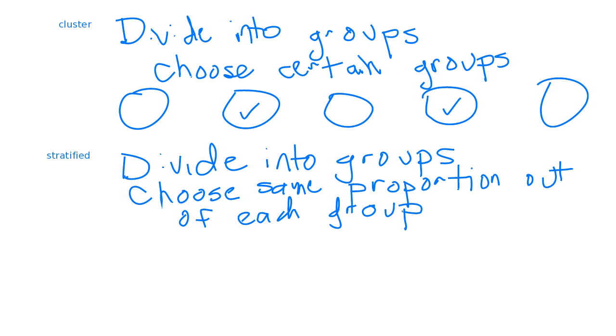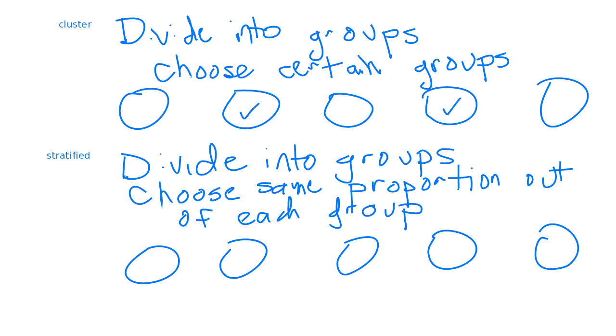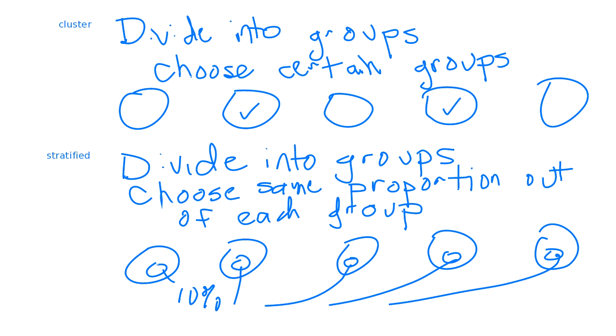So in that sense, they're the same as cluster, but then you're going to pick, say, 10% of each group. You're going to take a little bit from each group. Whereas in cluster, you're only going to pick a few out of those groups. So does that make more sense? I like to just draw a picture because then I think you can see it better. Okay, great.